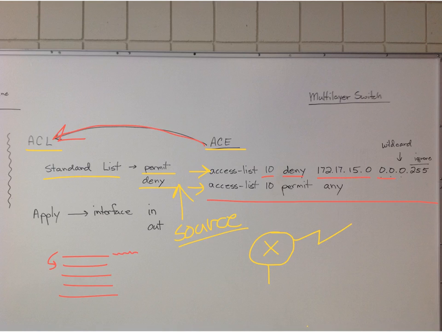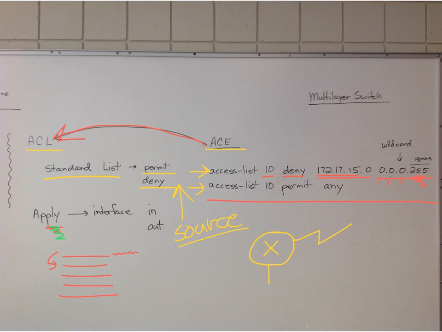And the way this wildcard works is if it's zeros, it compares. If it's not zeros, it ignores. So what it's going to do is it's going to look at this part of the address. And I'm going to put that access, okay, and we can apply the access. Let me go another color here.